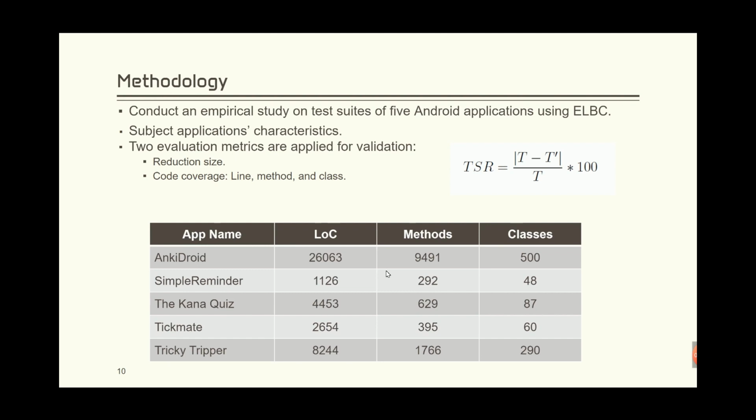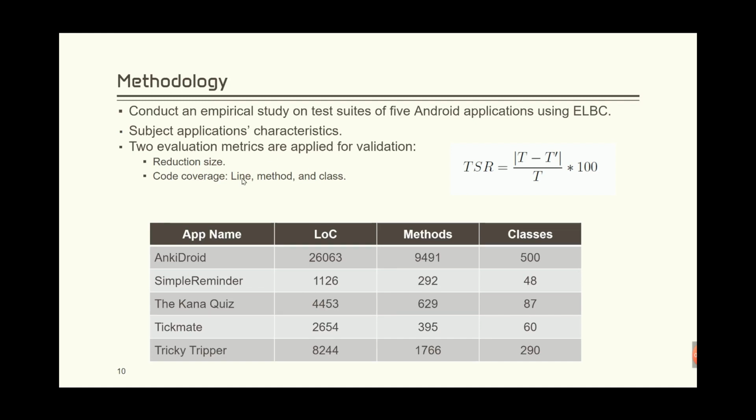Also, in this study, we use 2 evaluation metrics to validate our results. The first one is to measure the percentage of the reduction in size of the reduced suite by comparing the size of the original suite and the reduced suite based on this equation that calculates the percentage of reduction, where T is the original test suite and T prime is the reduced test suite.